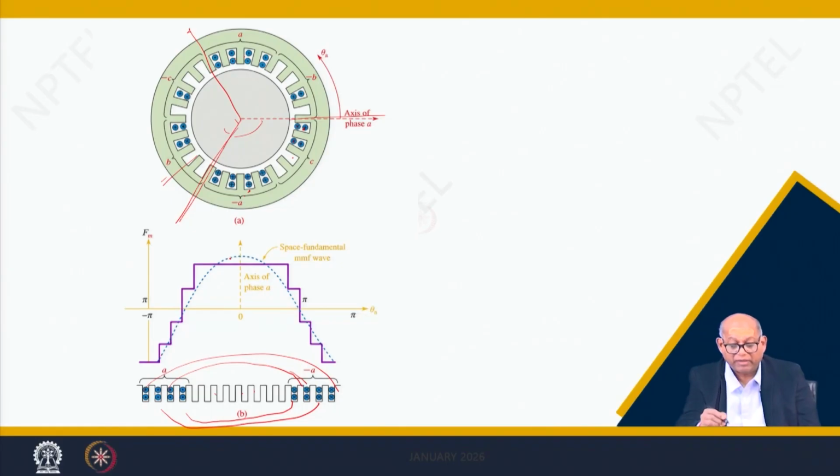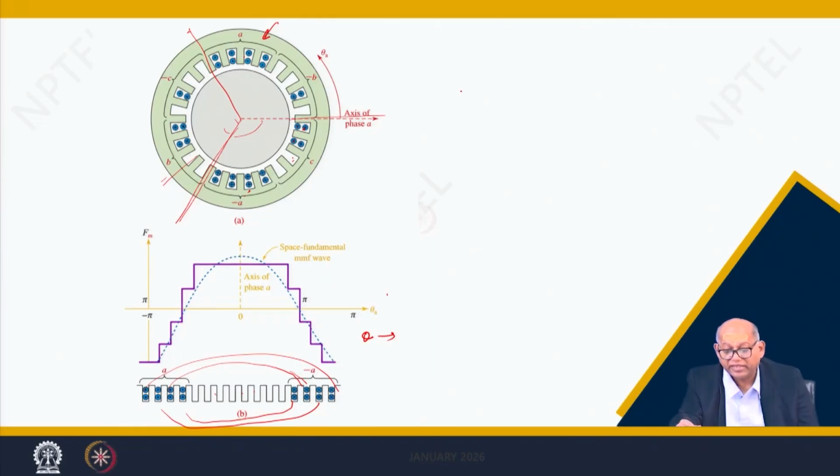That means, if you pass the same current, a DC current here, the MMF wave around the periphery with angle theta looks like this. Similarly, if you do it here, it will be displaced by 120 degrees somewhere here, and if you look here, it will be displaced by another 120 degrees.